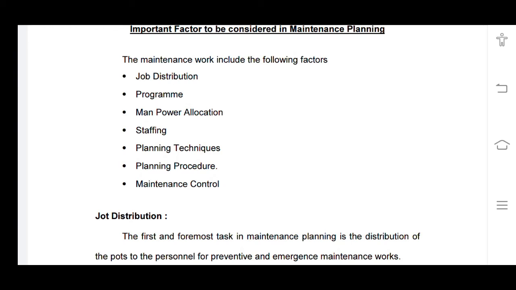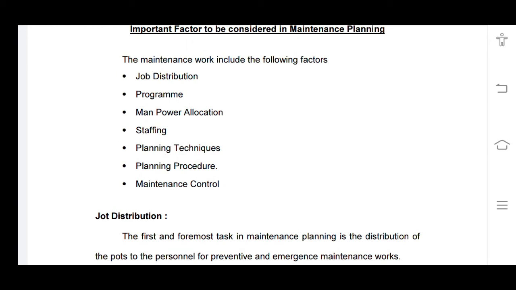So if you take an example like vehicle maintenance, what should you do to maintain a vehicle?